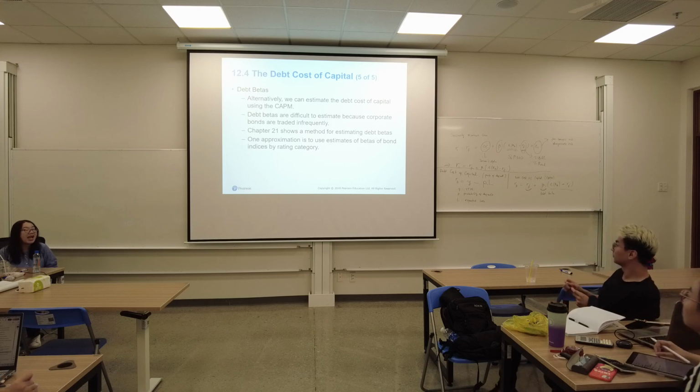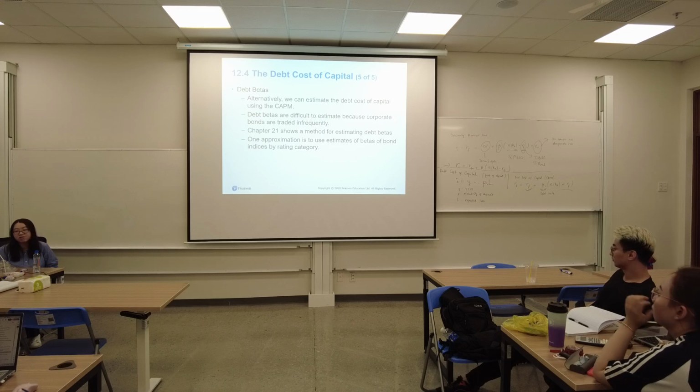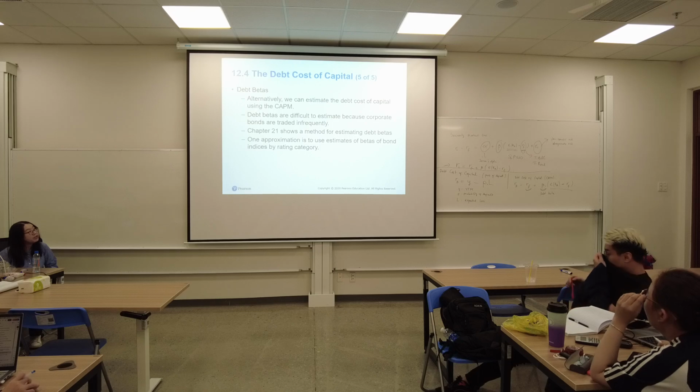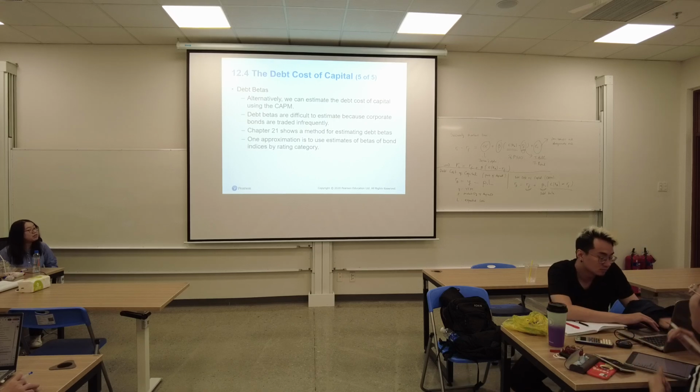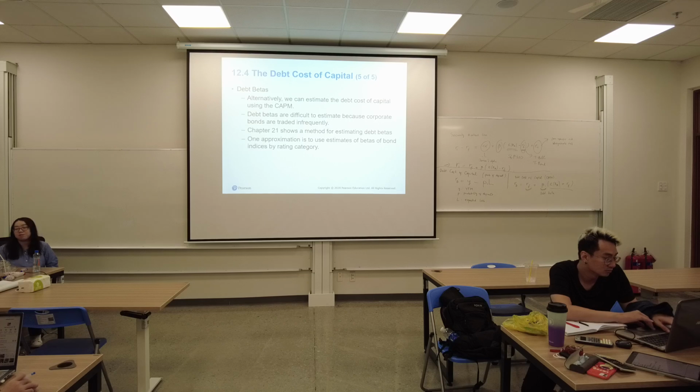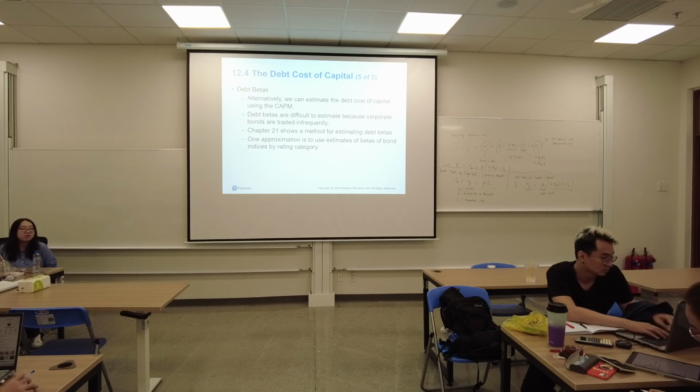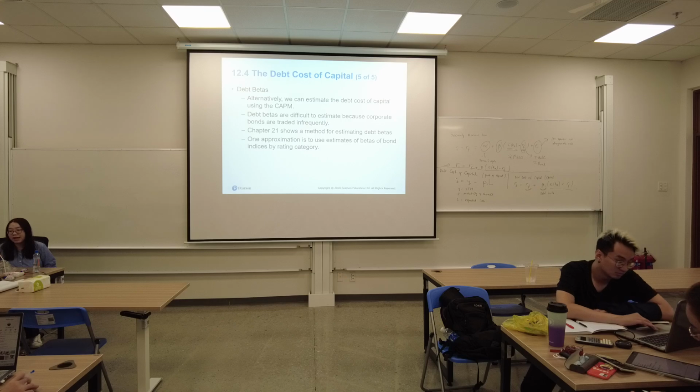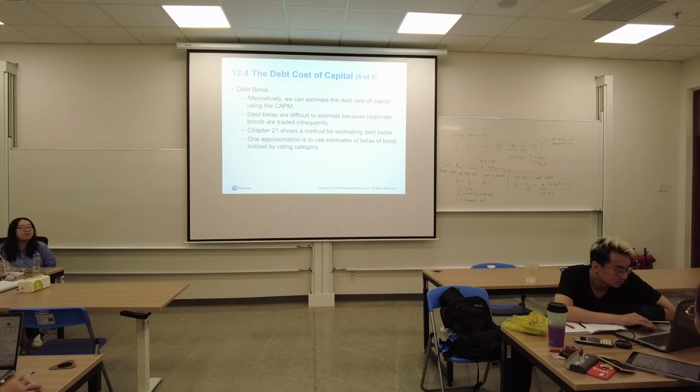We do not have a very active market for corporate bonds compared to stocks. So one approximation is to estimate the beta using bond indices by rating category. The key assumption is that corporate bonds in the same rating category share a similar debt beta, the sensitivity to the debt market portfolio.